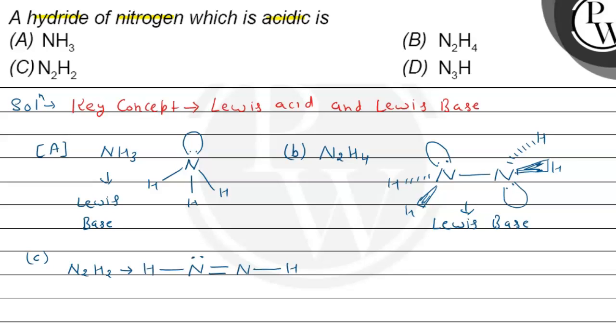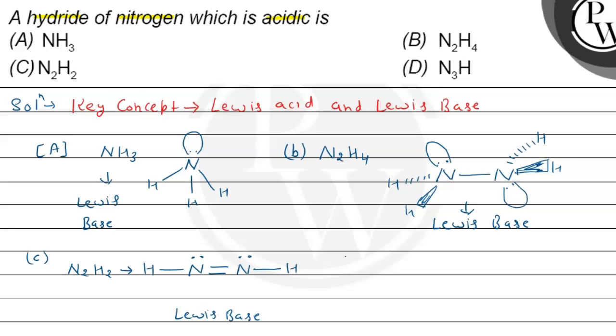Lone pairs will also be present over these two nitrogens. Due to these lone pairs, it is also an electron rich species and it can donate a pair of electrons. So again it is a Lewis base.